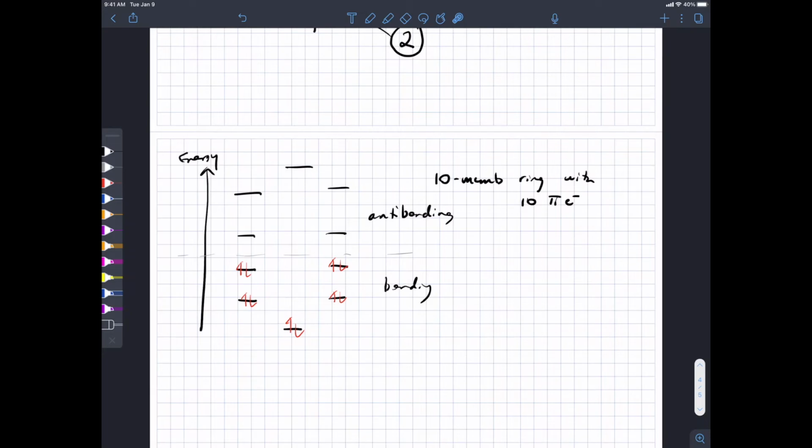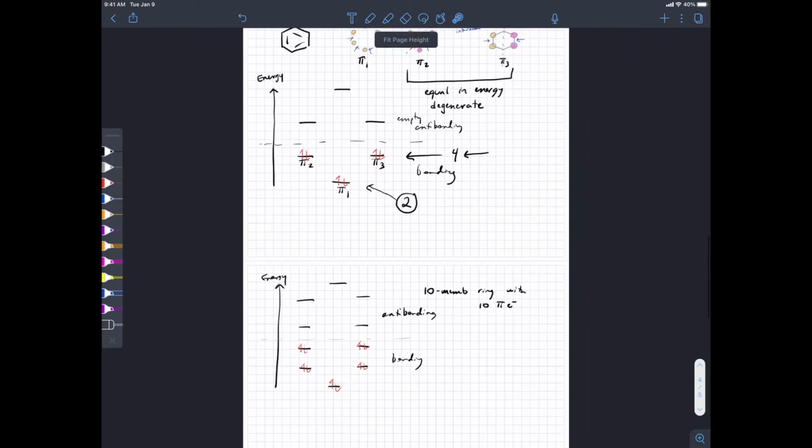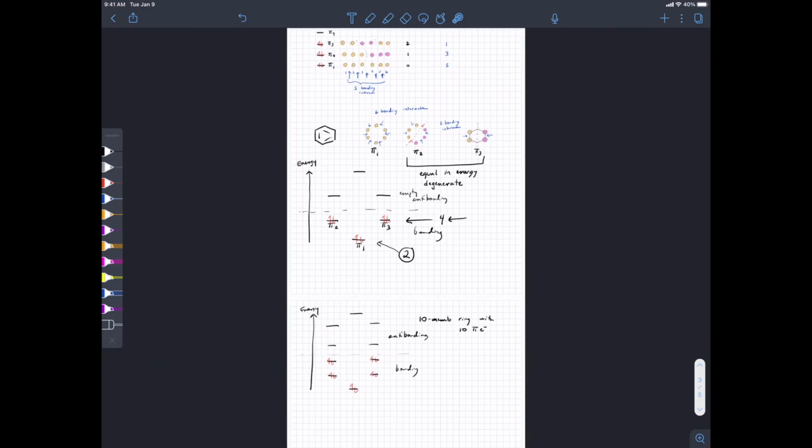One of the orbitals goes down further in energy, and then the other 2, the pi 3 and pi 2 that were in this linear molecule, come down to be equal in energy. So thereafter you have 1 that's lowest, and then pairs of orbitals afterwards that are equal in energy. And the way you fill them completely without filling any antibonding orbitals is you have to have 2 plus a multiple of 4. Okay, questions you want to ask about that?